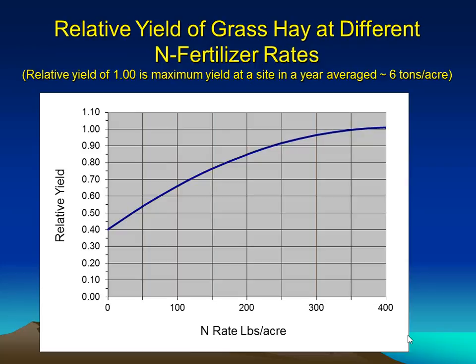It would say that if I'm running this system with nitrogen and I go to 150 pounds of N, I'm going to go from roughly 50 to roughly 75% of my yield potential. So I just went up 50%, right? By going from here to there. So that's one way you can use that.